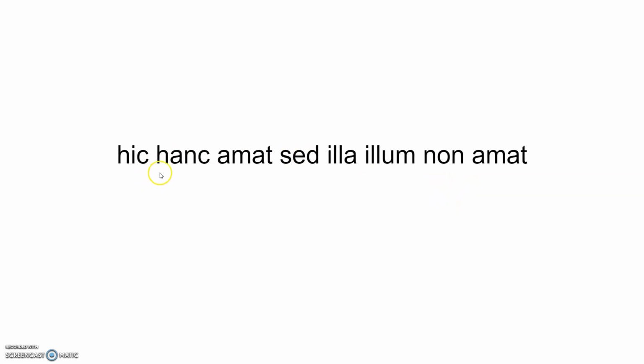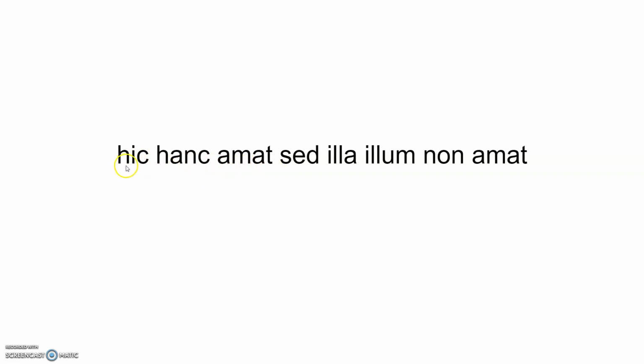Yeah, and that's basically it. This one was fun to do. This was more in a Latin word order. Hic hanc amat sed illa illum non amat. We found our verbs here are amat. They're active. They're present. So we know this means loves. And so here we have hic hanc amat.